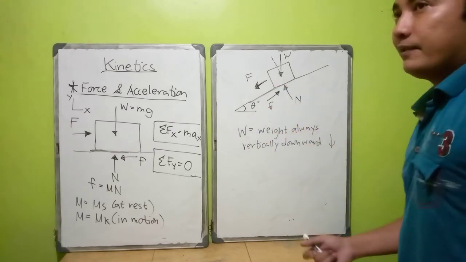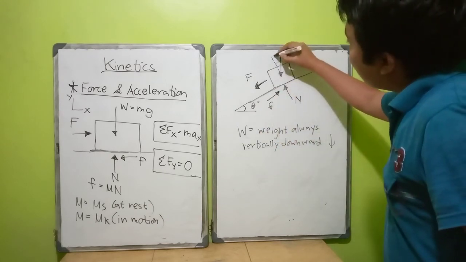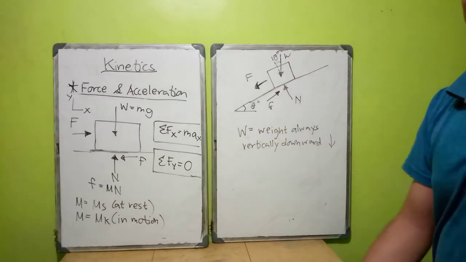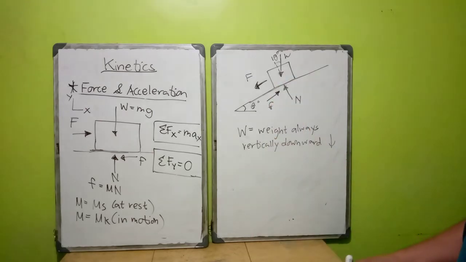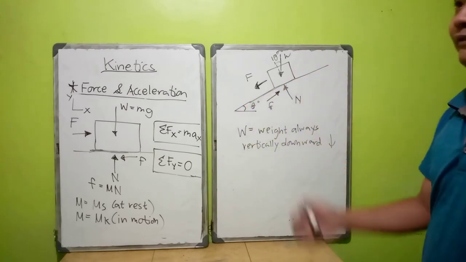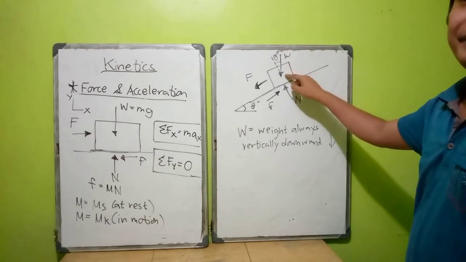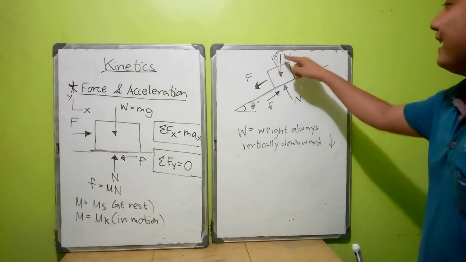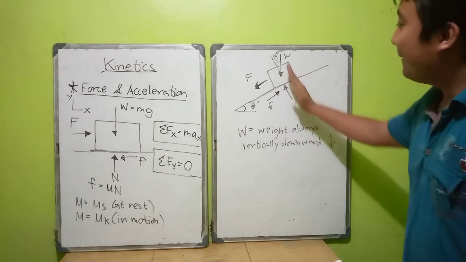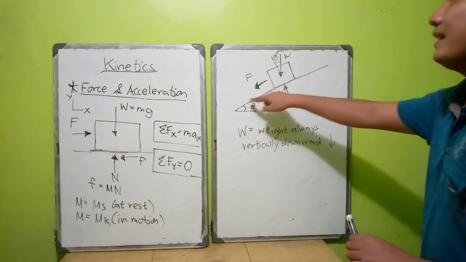So for all our problems, if this is theta degrees, this will also be theta degrees. In degrees, this should be equal. So in order to lessen your difficulties, if it is given that this platform makes theta degrees with the horizontal, then the weight of your object makes theta degrees relative to the perpendicular line to that surface.